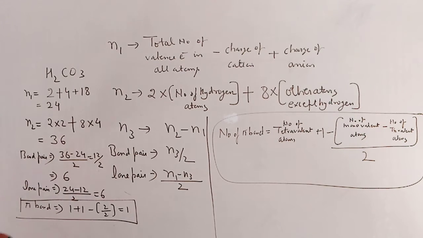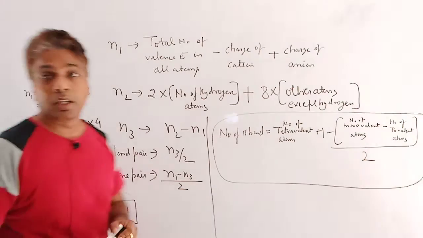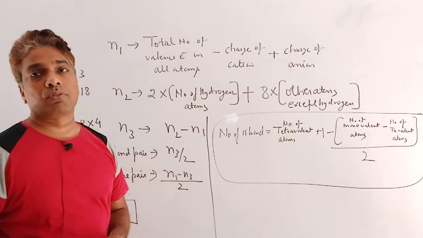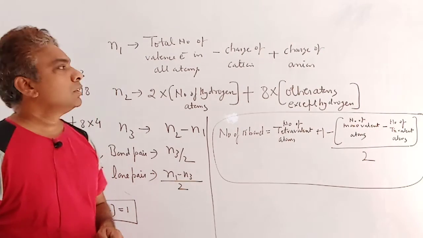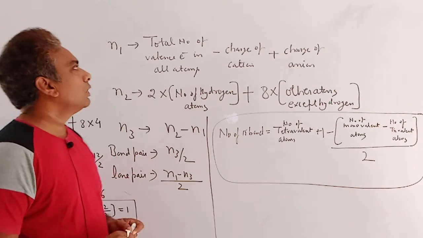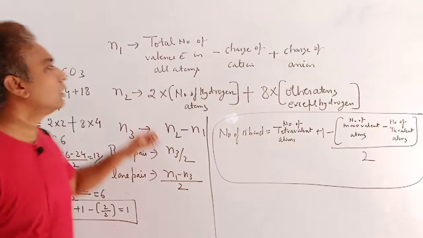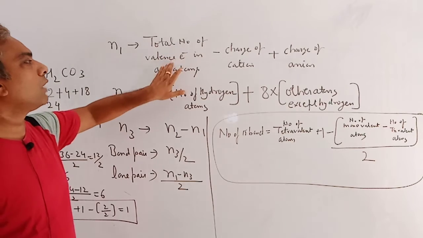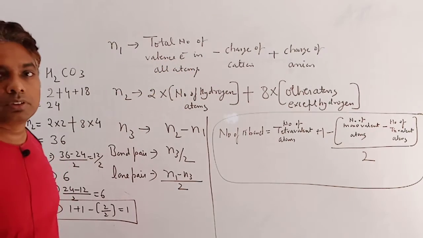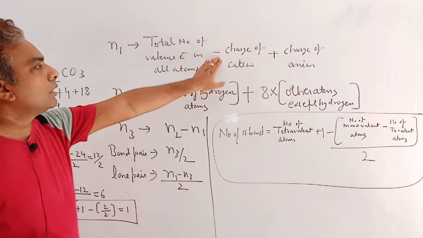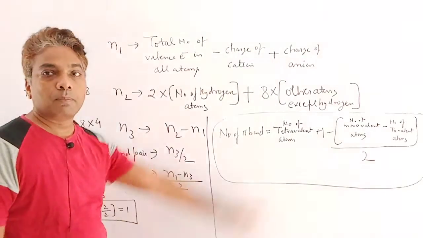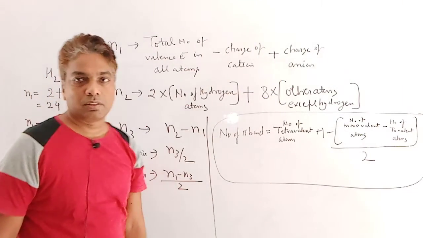Clear? Once again, in case of the mathematical procedure for dot structure, we calculate some variables like N1. N1 is the total number of valence electrons in all atoms minus charge of cation plus charge of anion.